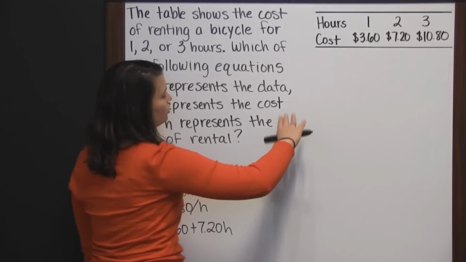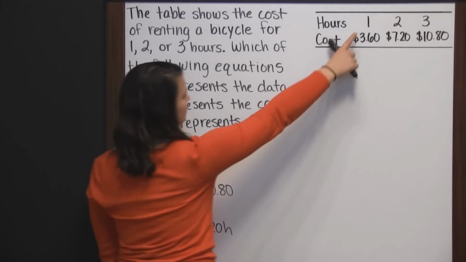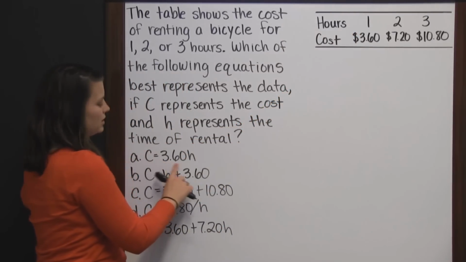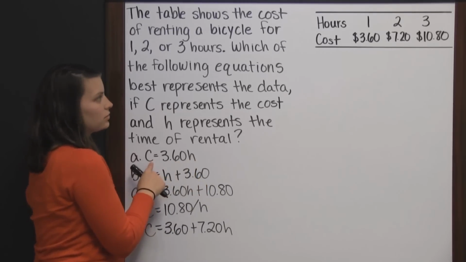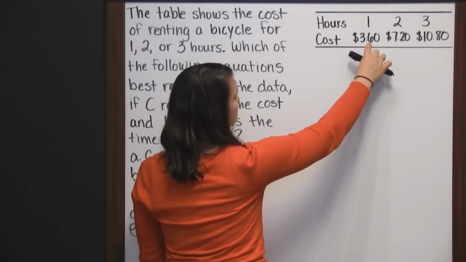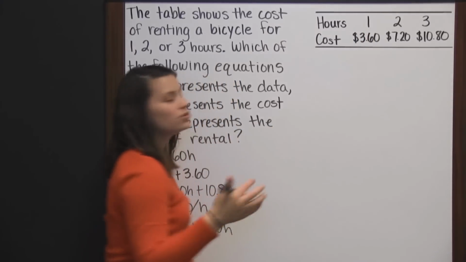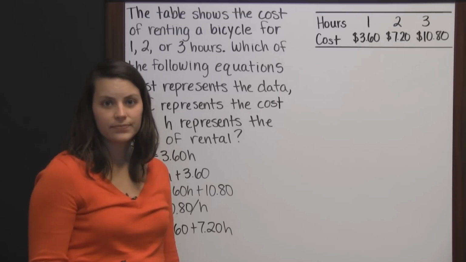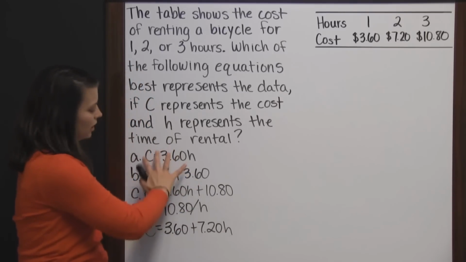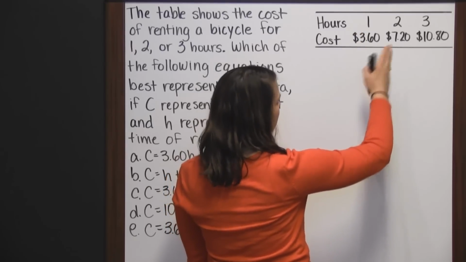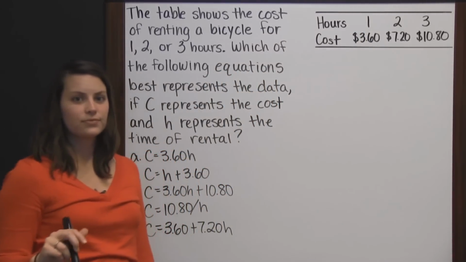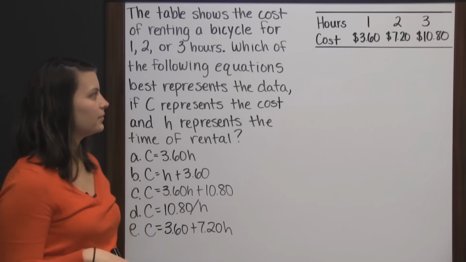For instance, you could replace H with 1, and you have $3.60 times 1, which is $3.60, which is the cost for 1 hour. And then do the same with 2 and with 3, because sometimes an equation will work for one set of data, but not for the other 2. So you should test it on all of them.